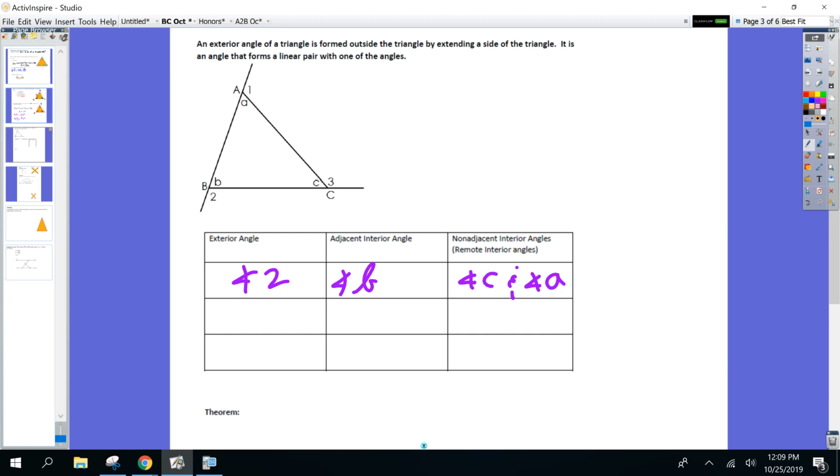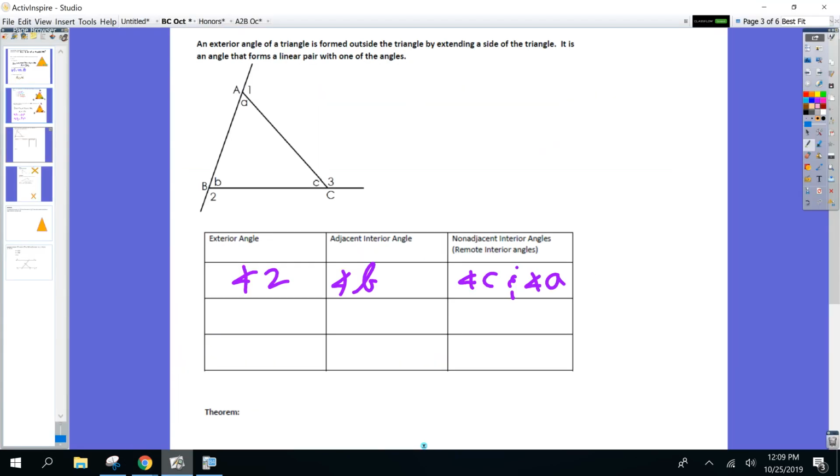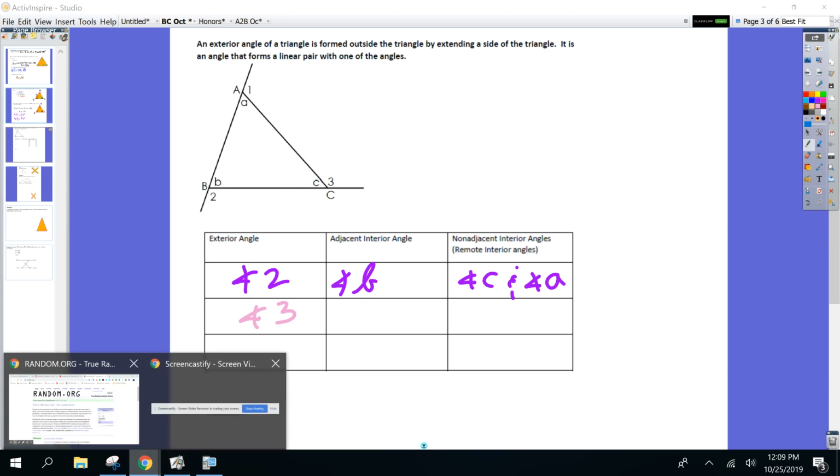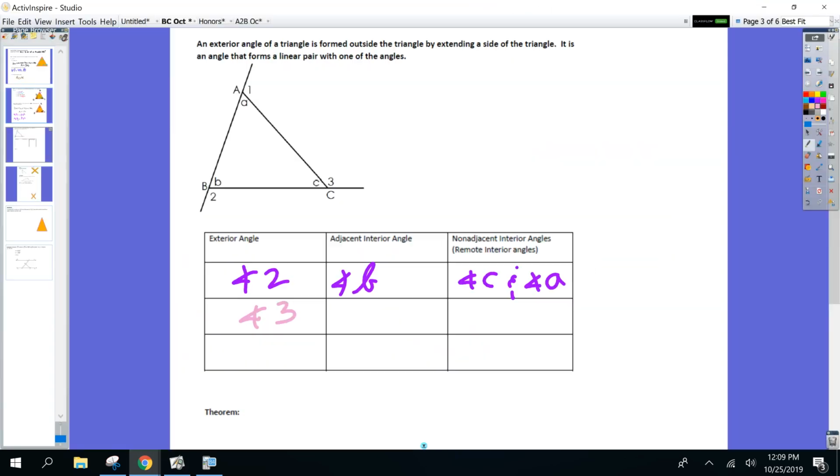All right, we're not done yet. Give me another exterior. Oh, we're rolling. Angle 3. If 3 is the exterior, what's the adjacent interior? Angle C, but lowercase. I like the exact description.